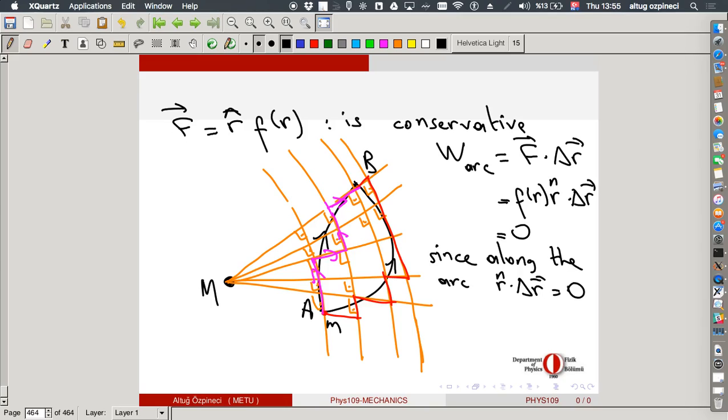If you are going along the arc, you are moving perpendicular to the radial direction. So if you are moving along this arc, then delta R is perpendicular to R hat. If two vectors are perpendicular, then their scalar product is 0.